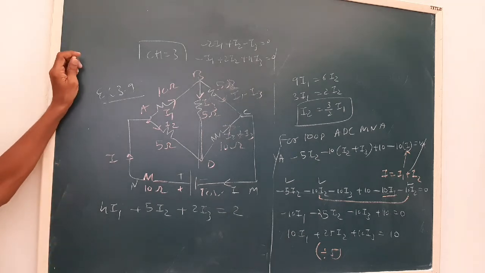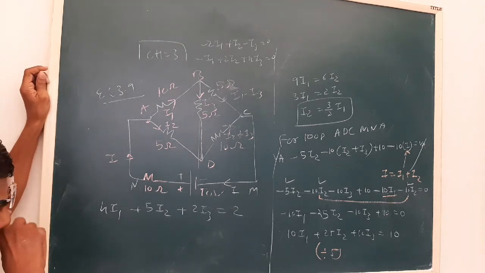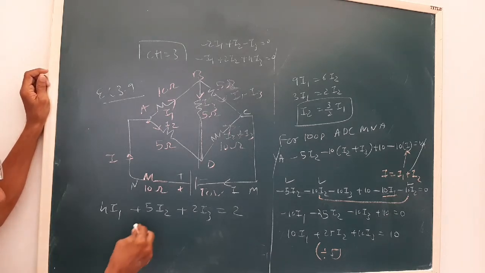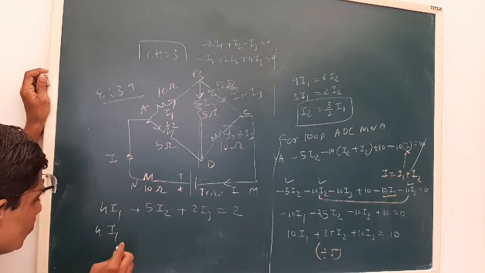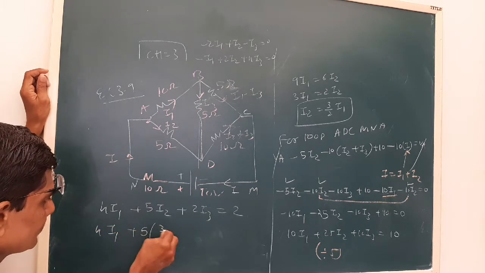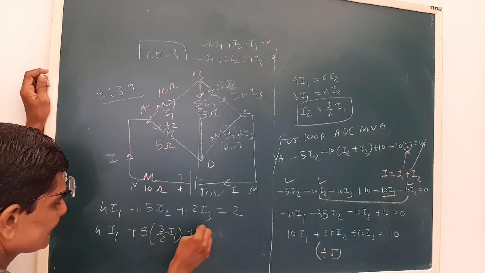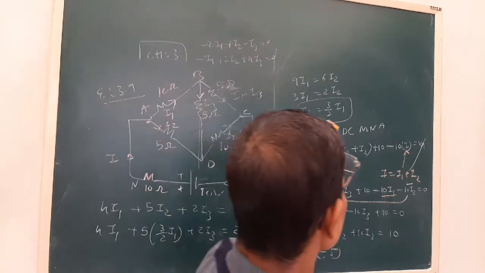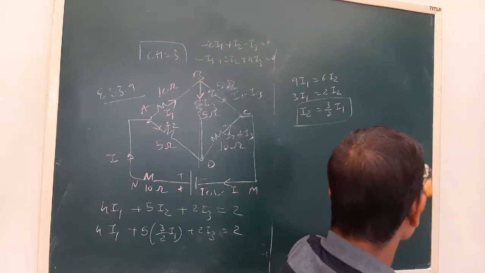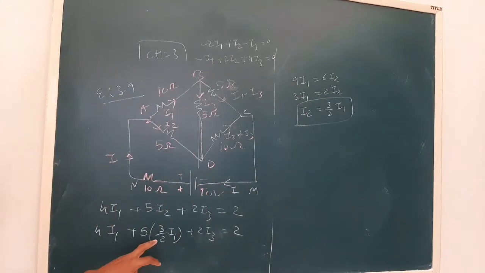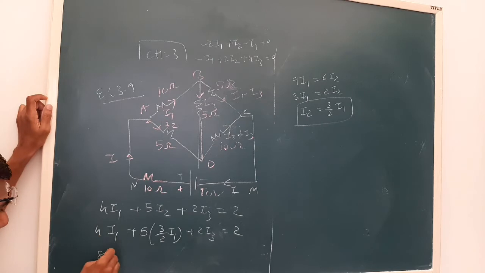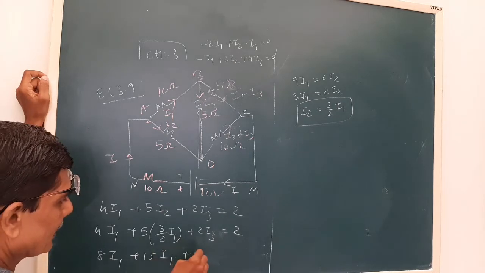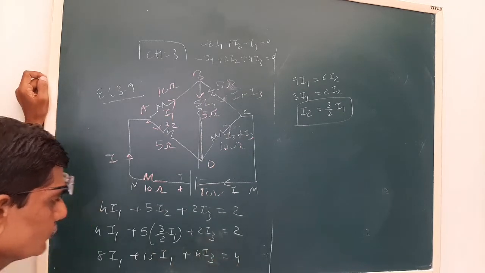I2 is 3 by 2 I1. 4I1 plus 5I2 is, now this will be 8I1 plus 15I1 plus 4I3 is equal to 4.